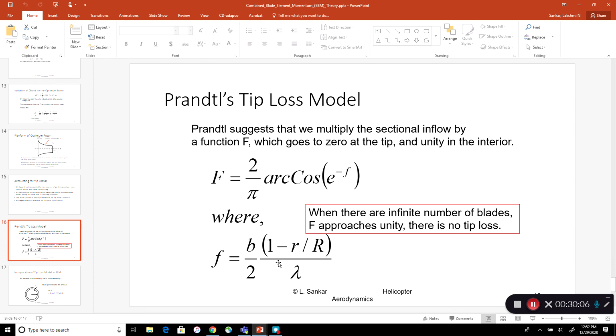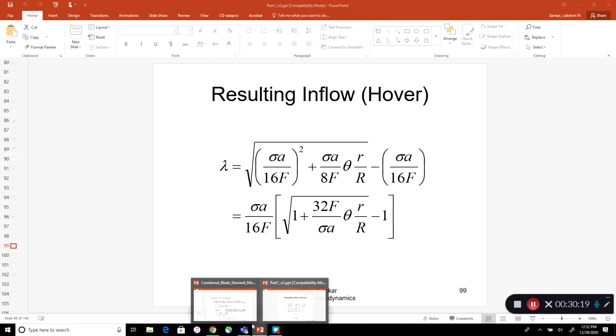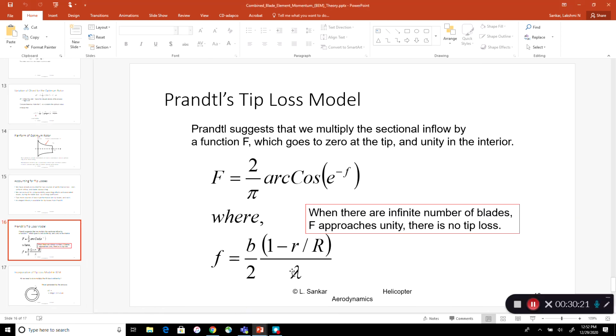So it's a catch-22 situation. What we will do is assume initially F equal to 1, then solve for lambda. Then put that lambda here to find the lowercase f, recompute capital F, and iterate until it converges. So this is how we would do it.